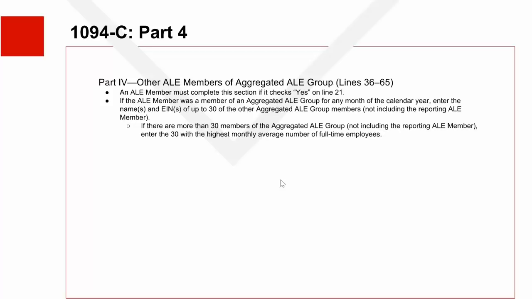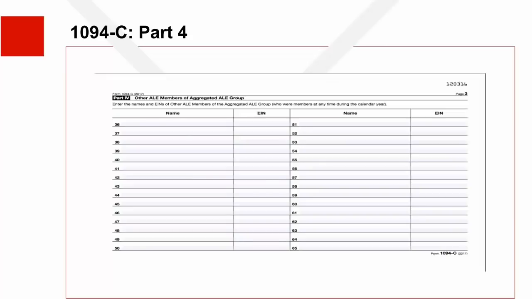They don't have to include their own business on this list, but they do have to include the other members of the aggregate group. And if you are part of an aggregate group that is larger than 30 members, you are instructed by the IRS to enter the 30 with the highest monthly average number of full-time employees. So that's what's being listed here.